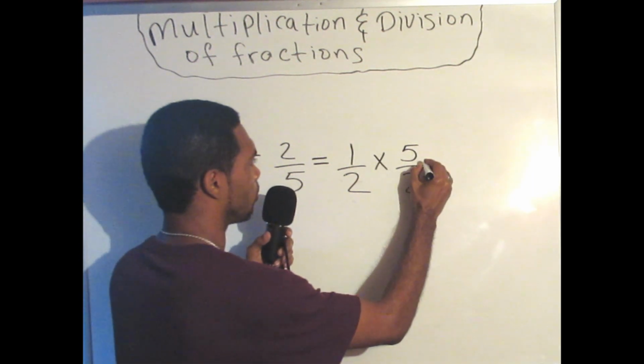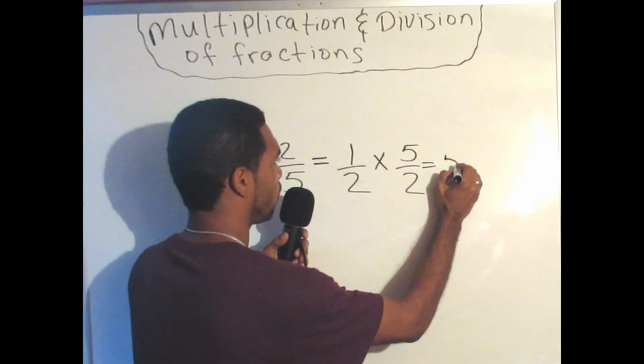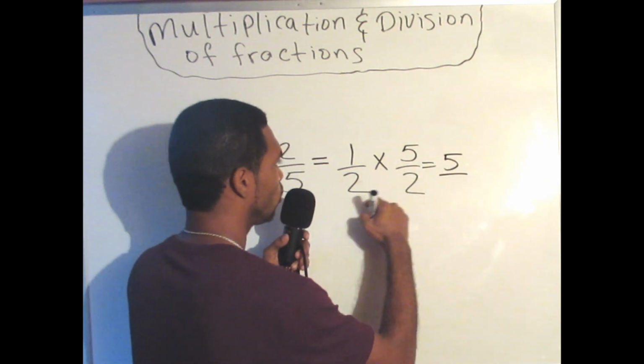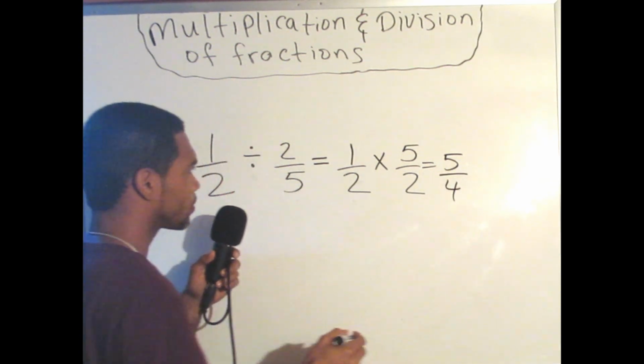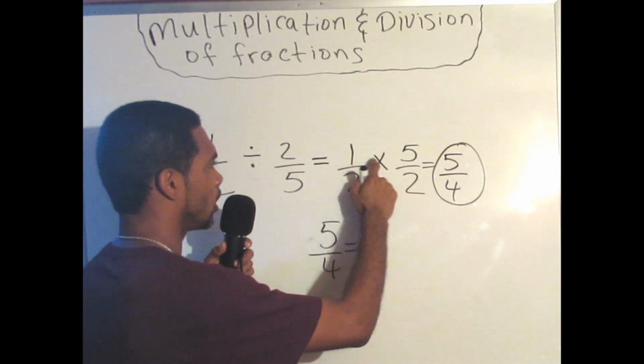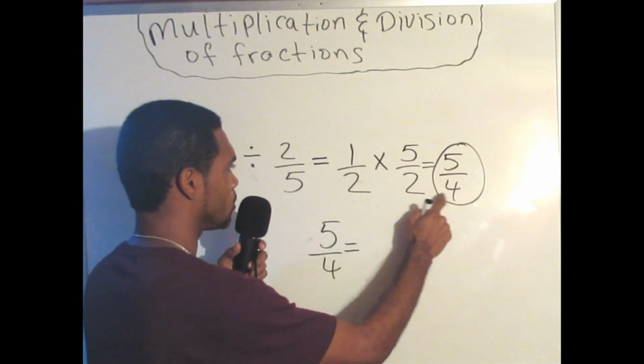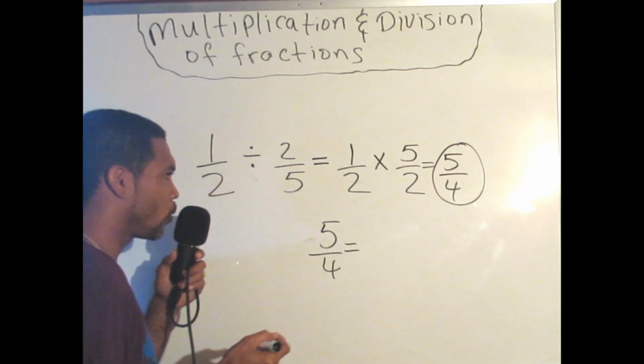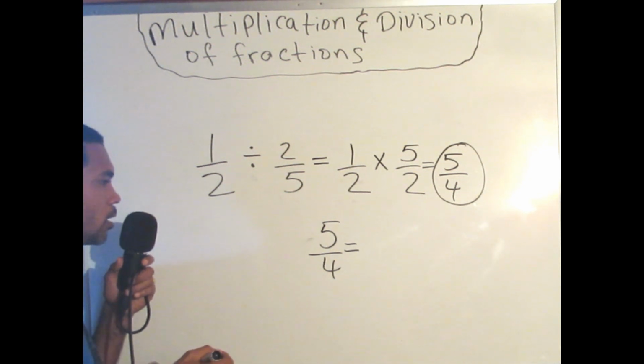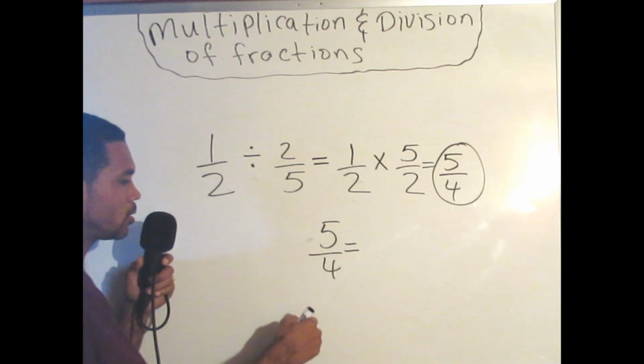And now we can multiply 1 times 5, 5 over 2 times 2, 4. So remember, the answer is 1 times 5, 5, and 2 times 2, 4. So 5/4, we got an improper fraction. Now we want to change this into a mixed number.